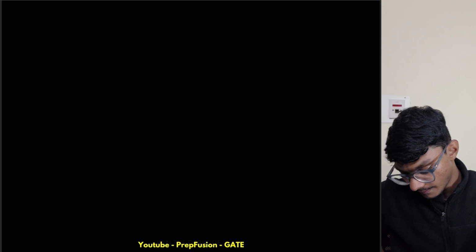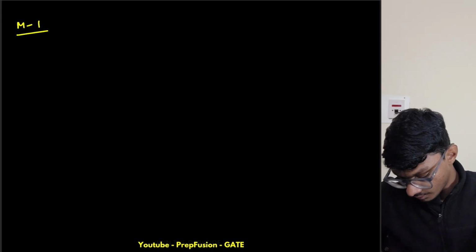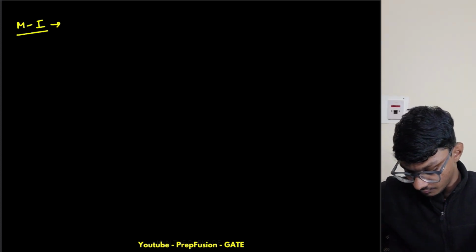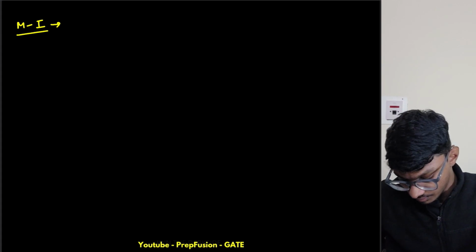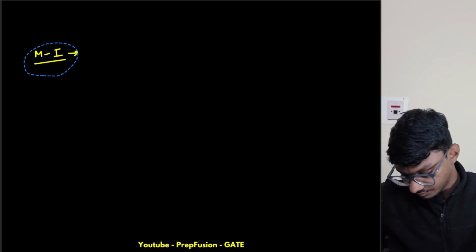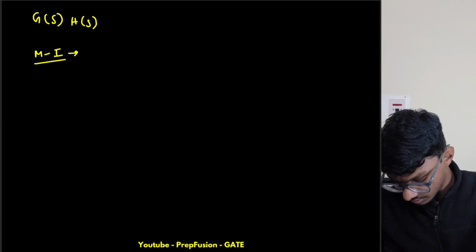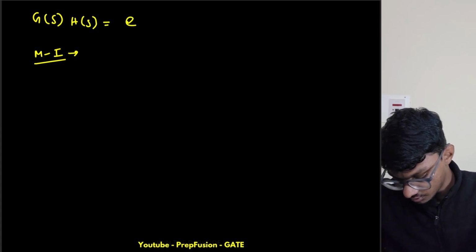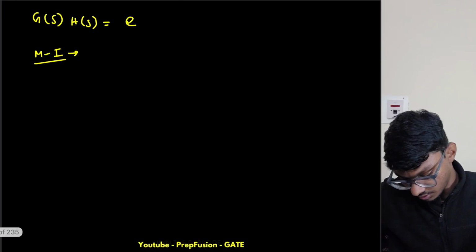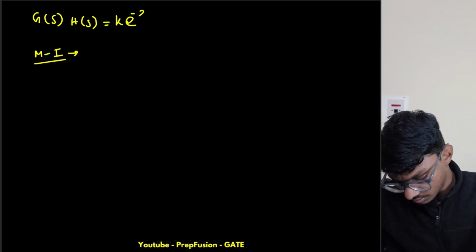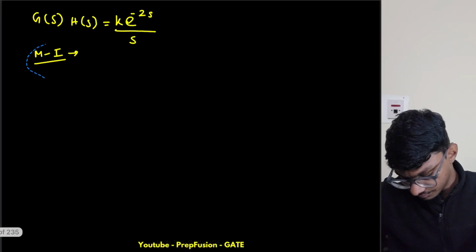So what I will do, method 1. What is the OLTF? OLTF is g of s h of s equals e raised to power minus 2s by s.